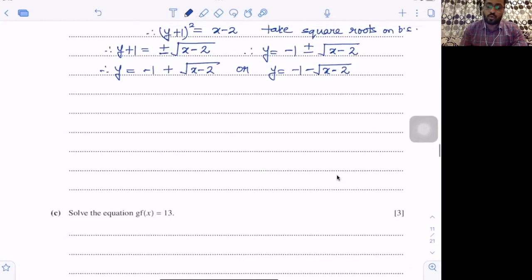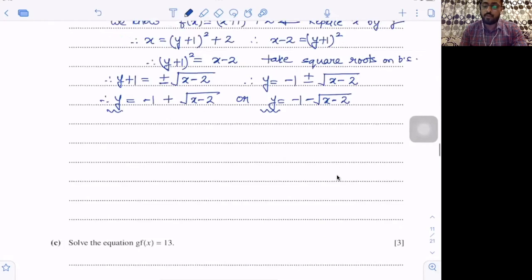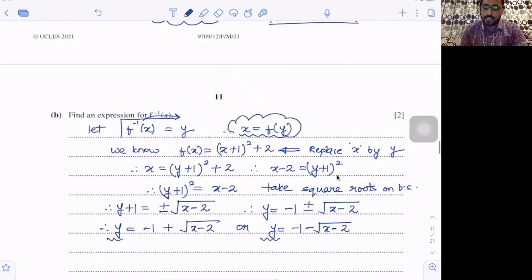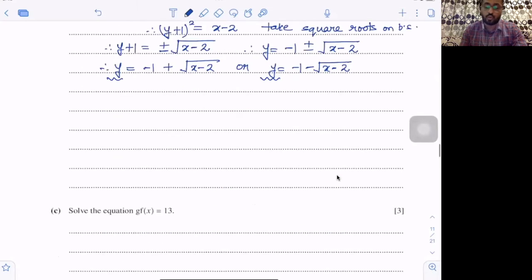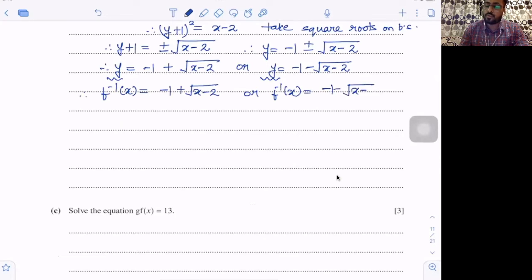Now, I know y. What is y? y is f inverse of x. So I can have my answer as either of the two equations that I've got. I have got y equal to minus 1 plus root of x minus 2. So f inverse of x can become minus 1 plus root of x minus 2, or f inverse of x can become minus 1 minus root of x minus 2.